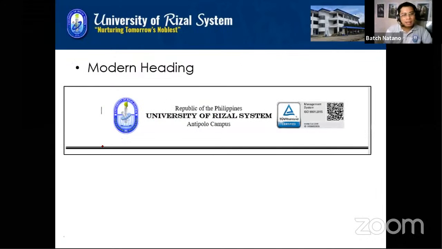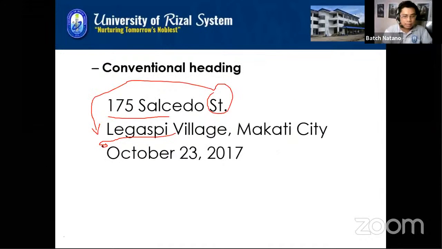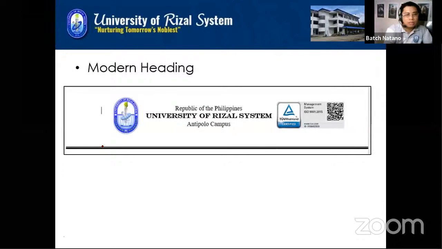For a modern heading, we call it the modern heading or the letterhead. I've already shown you how a letterhead looks like on a letter. So a modern heading or letterhead can do. If you already have your letterhead, there's no need for you to have your conventional heading. Instead, right after the letterhead, you can put your date line here if you will be using the full block format.